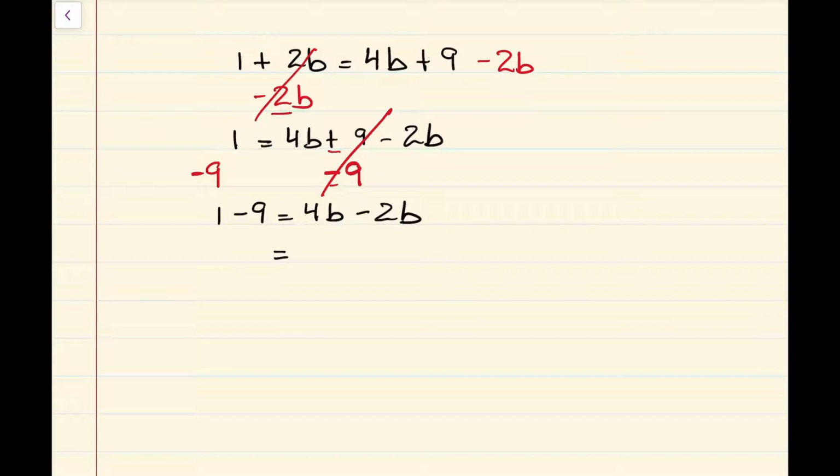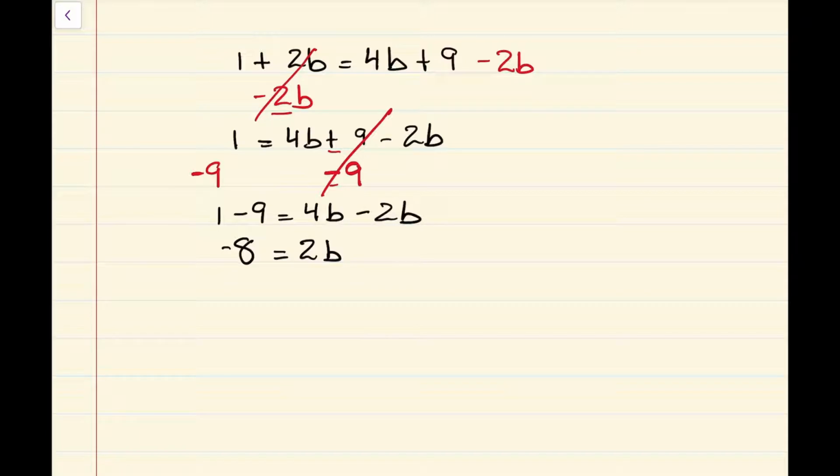1 minus 9 is equal to negative 8, and 4b minus 2b is equal to 2b. And so that we can solve for b, we would just have to perform the opposite operation as to what's happening with the 2 and the b. The 2 is multiplying the b.